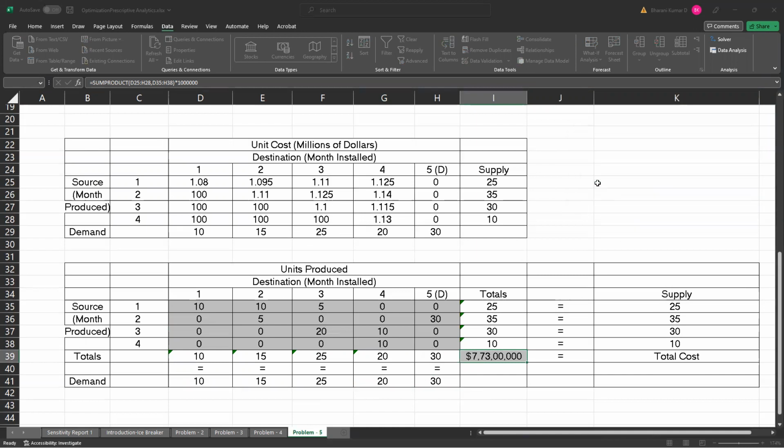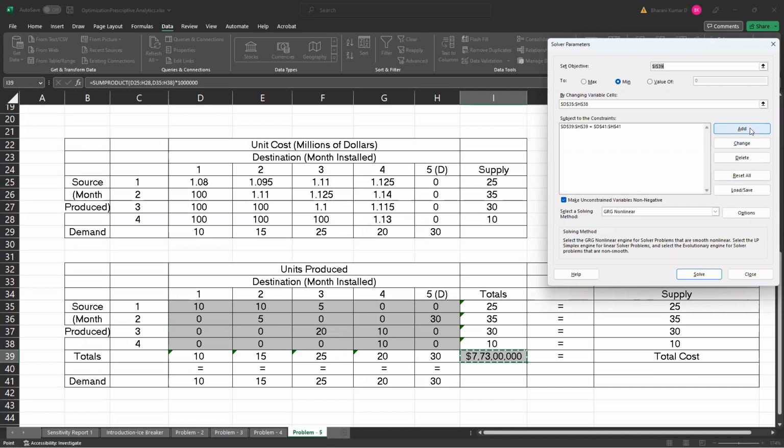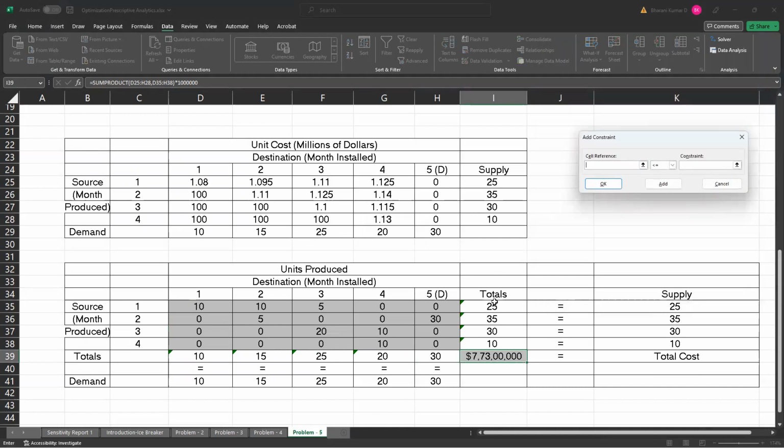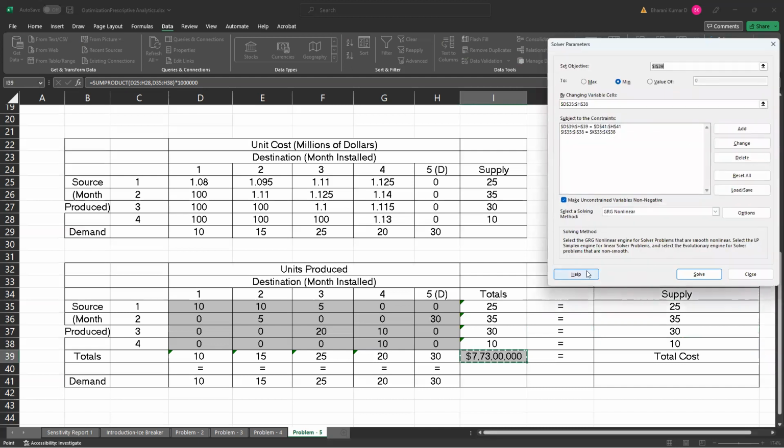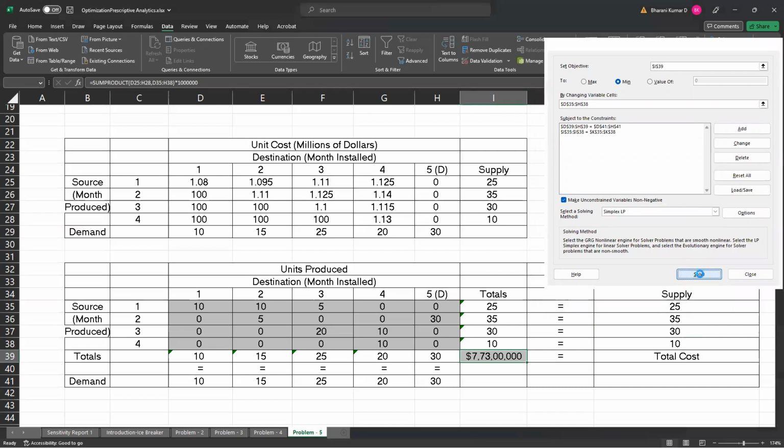Let me add it. Then you need to add another constraint here. All these values that you're seeing here should be equivalent to the constraints. Job done. Then you put your non-negative constraint, you select your simplex linear programming problem, and then click on solve.